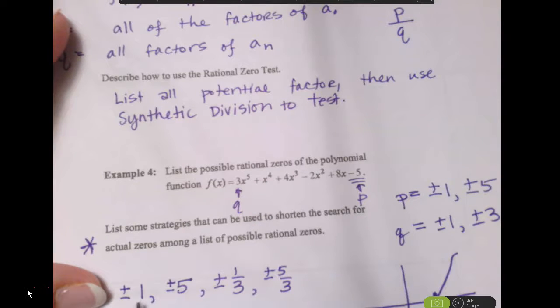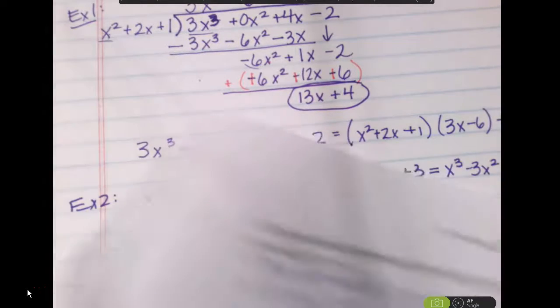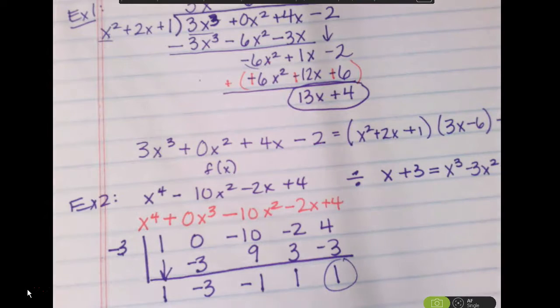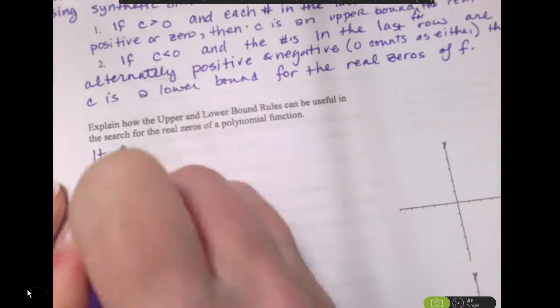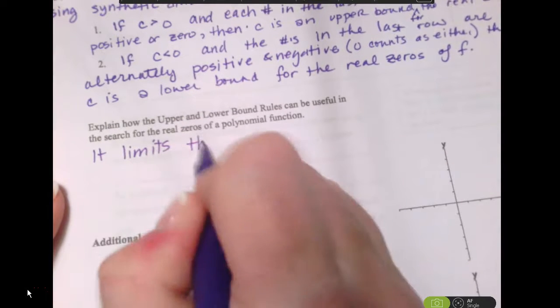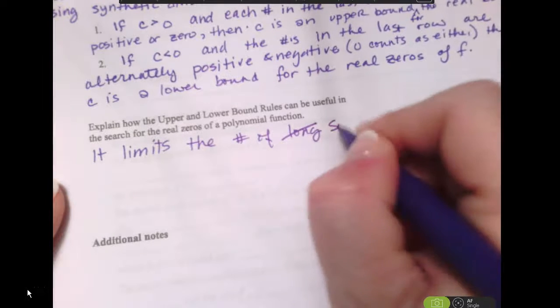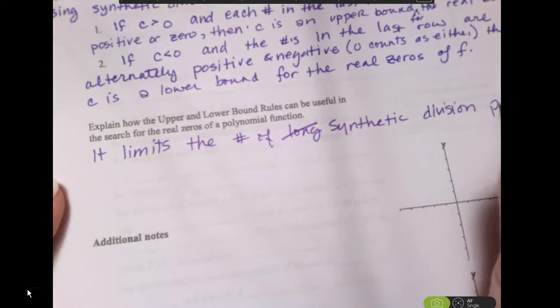But if you plugged in, say, a positive 1 and you got a positive remainder, then you could say, well, positive 1 is the highest root, and you wouldn't have to bother plugging in 5/3 or 5. So it can help limit the number of long division problems or synthetic division that you need to do.